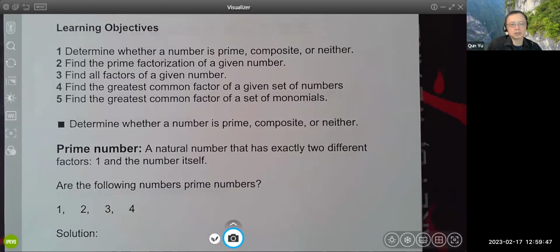They are called natural numbers. So a prime number is a natural number that has exactly 2 factors, 1 and the number itself. In other words, a prime number can only be divided by 1 and itself evenly. No other number can divide into the given number other than 1 and itself.